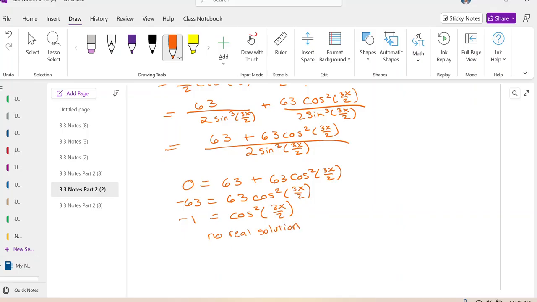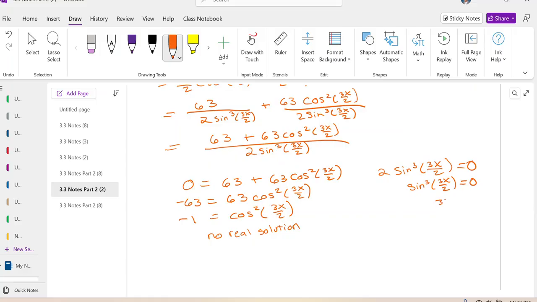Now, if you take 2 sine to the third of 3x over 2 and set that equal to 0, you would get that sine to the third equals 0.